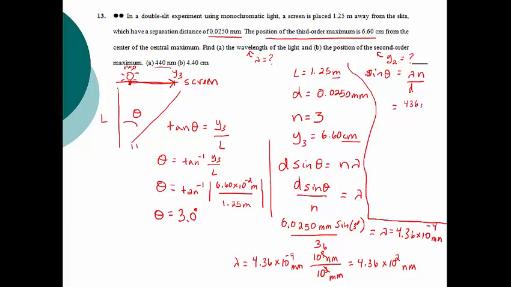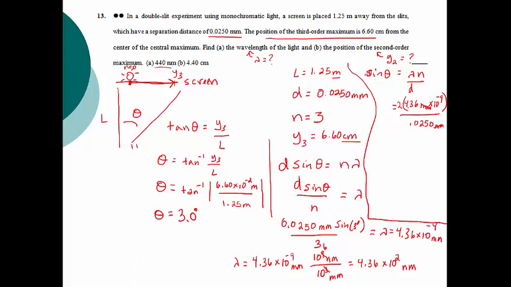436 nanometers. Or we'll leave it in millimeters, so 4.36 times 10 to the minus 4th millimeters. I'm going to leave it in millimeters because we have d here in millimeters, and I need the sine to have no unit, so 0.0250 millimeters, so my millimeters cancel.